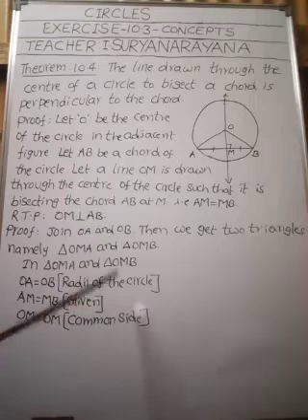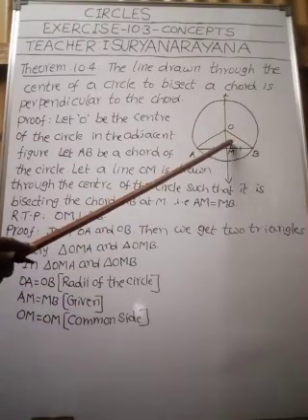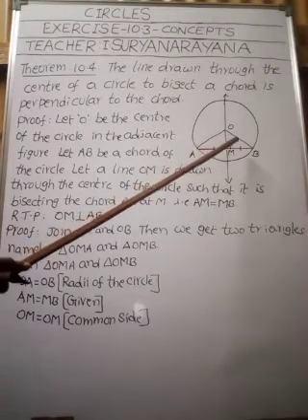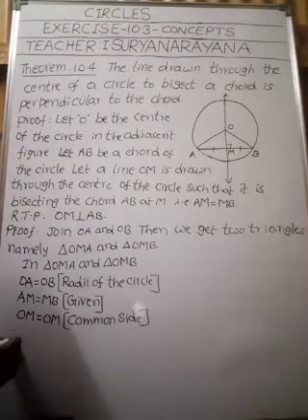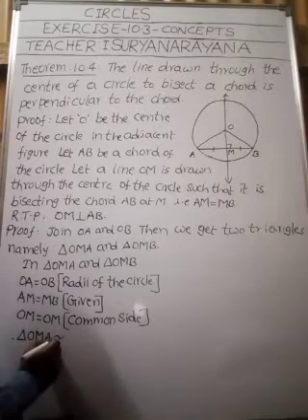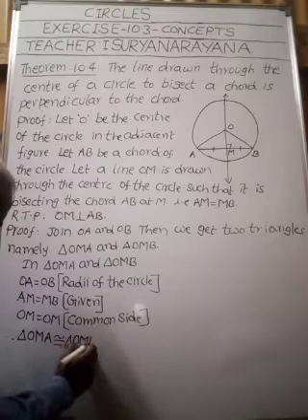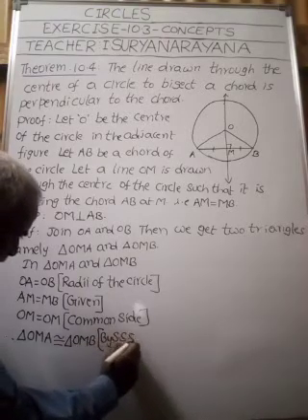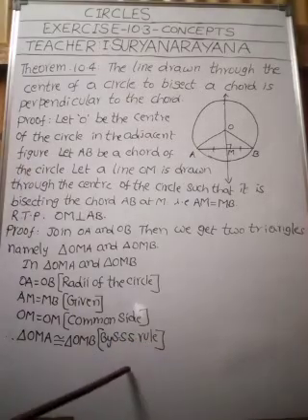So the three sides in one triangle are equal to the corresponding three sides in the second triangle. Therefore, triangle OMA is congruent to triangle OMB by SSS rule. Understood this step, my children?